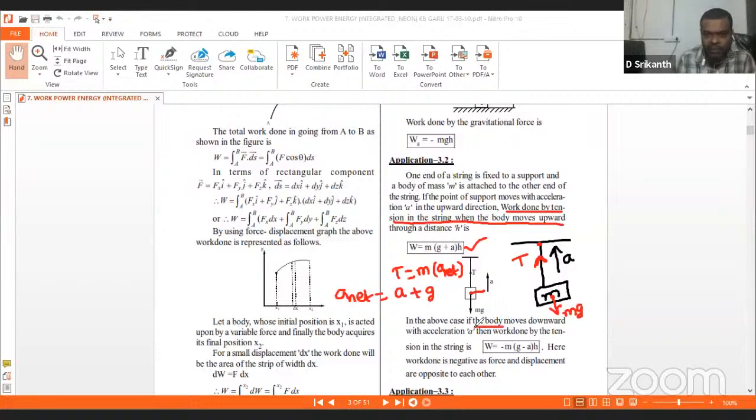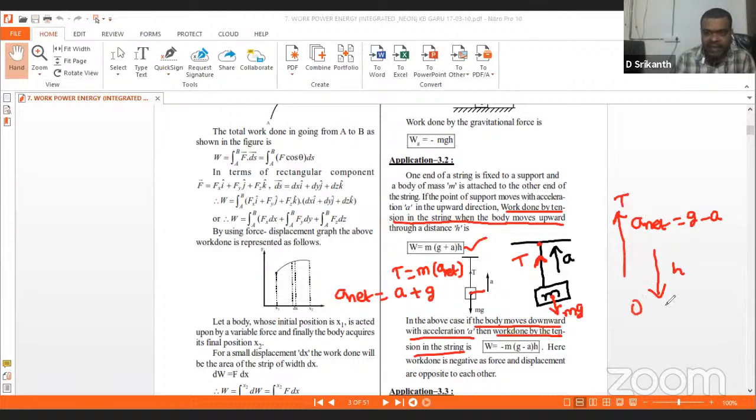Suppose the body moves downward with an acceleration a; what is the work done by tension? Whenever it is moving downwards, the net acceleration is g minus a. The displacement is downwards and tension is acting upwards.